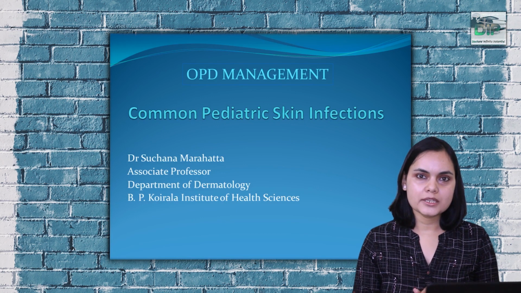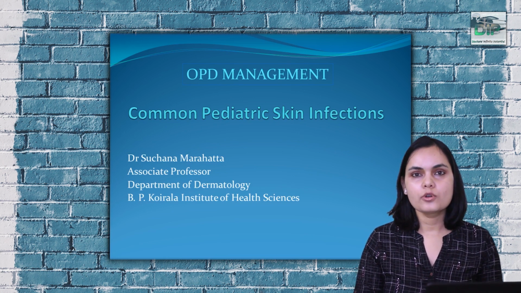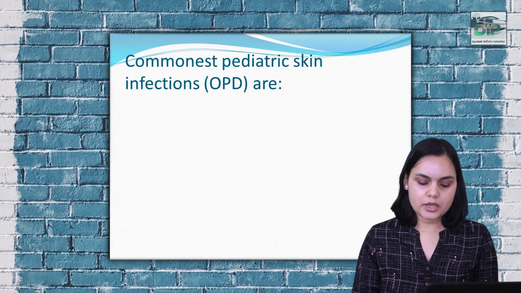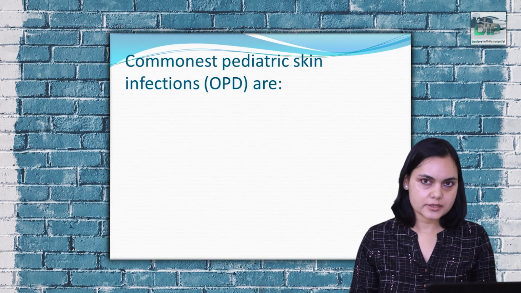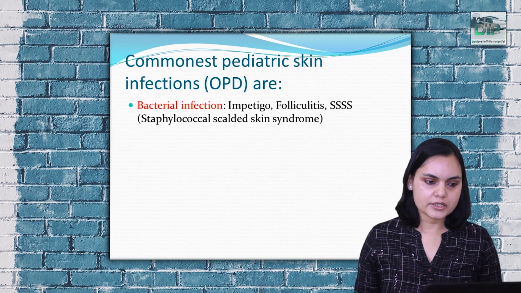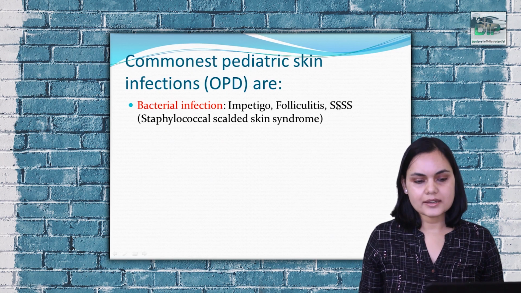Today, I'm going to make you a little bit familiarized about OPD management of common pediatric skin infection. If we talk about common pediatric skin infection, one is bacterial infection. In the bacterial infection, most common one is impetigo, similarly folliculitis, and staphylococcal scalded skin syndrome.